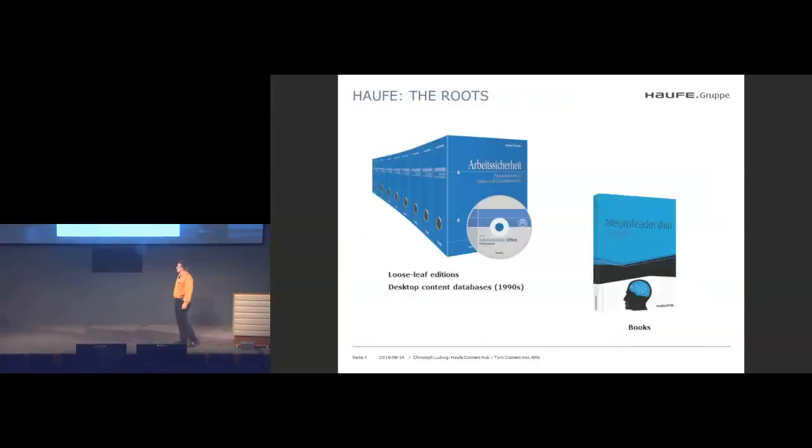Now, the publishing part of the business has its root, again, in the domains of taxes and law. And of course, Robert Haufe Verlag published books in the past, but we became market leaders mostly with these loose leaf editions, where the customers would periodically get updates of new court decisions, changes in the law, and stuff like that.